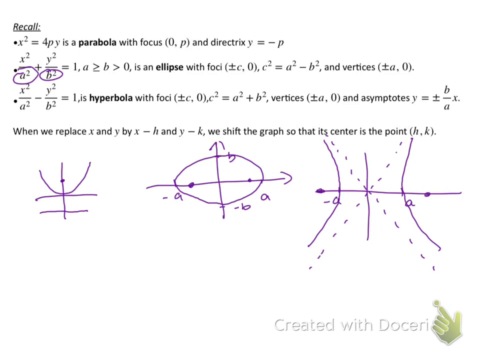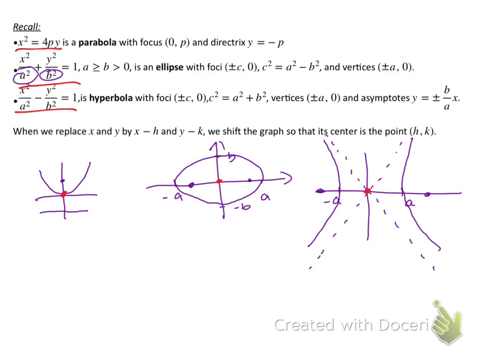But again, in all these three equations, the center, if you look at the graph, for the parabola is actually the vertex, and the center of the ellipse and the center of the hyperbola are the origin. And now is the point that we are learning in this class, which is the shifting.